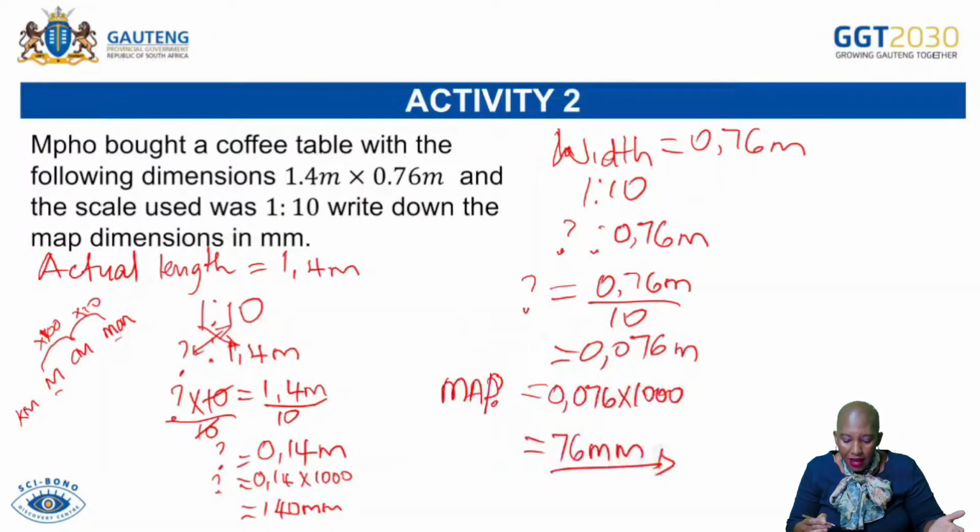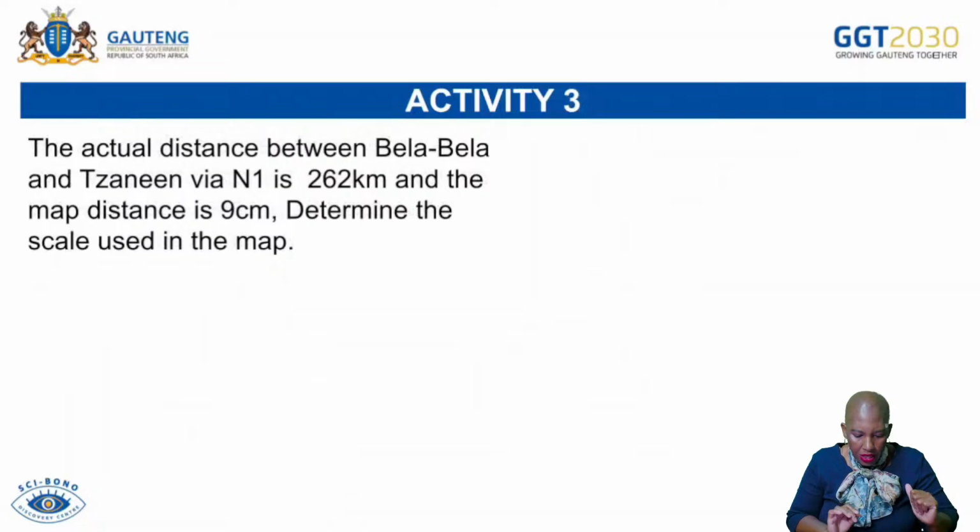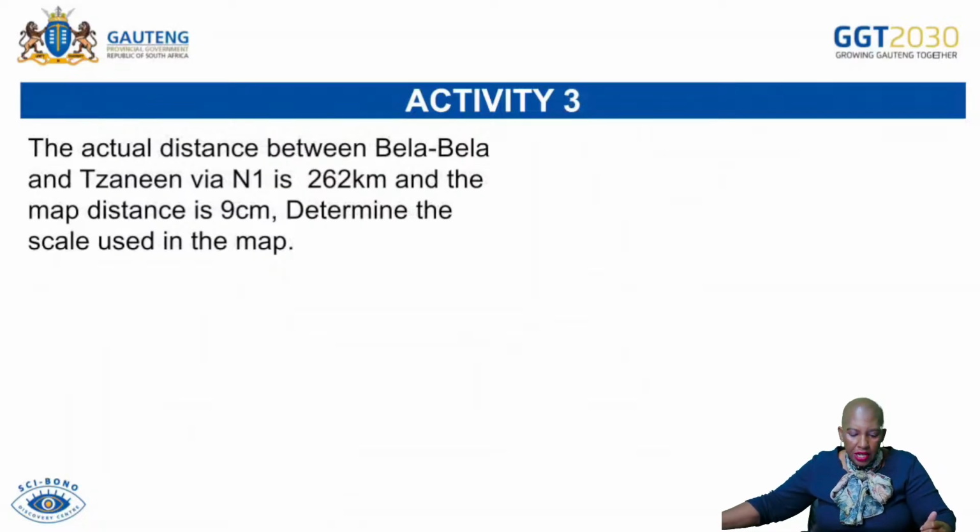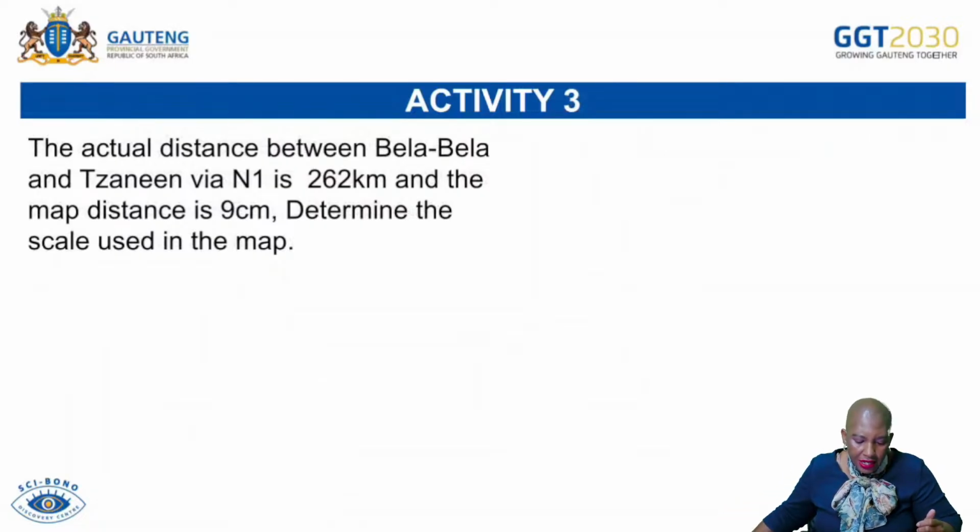We get the marks. Now let's quickly move to question 3. Activity 3. So boys and girls, with activity 3, we are given the actual distance between Bilabila and Tzaneen via N1 is 262 kilometers, and the map distance is 9 centimeters.